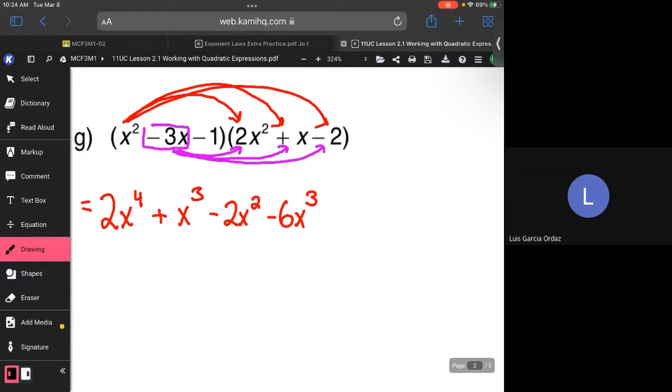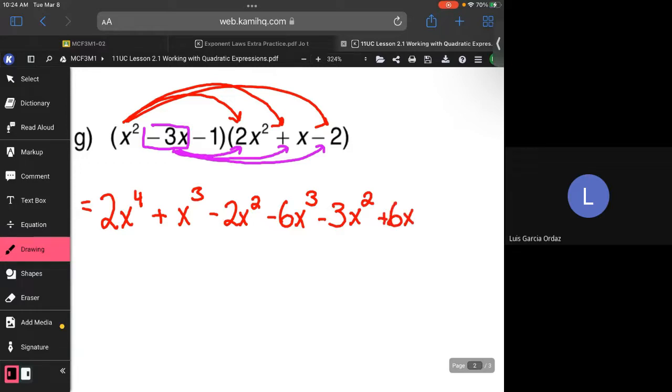Yeah. Whenever x doesn't have a power, that exponent is automatically 1. Now my next one is -3x times +x. What does that give me? -3x squared. And then my last one is -3x times -2, which gives me +6x.